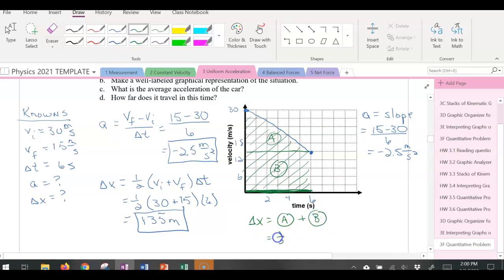Area A is half of 6, and let's see, what is the height here? It's 30 minus 15, so 15 meters per second. And then B is just a rectangle, so it's just height times width, so that's 15.